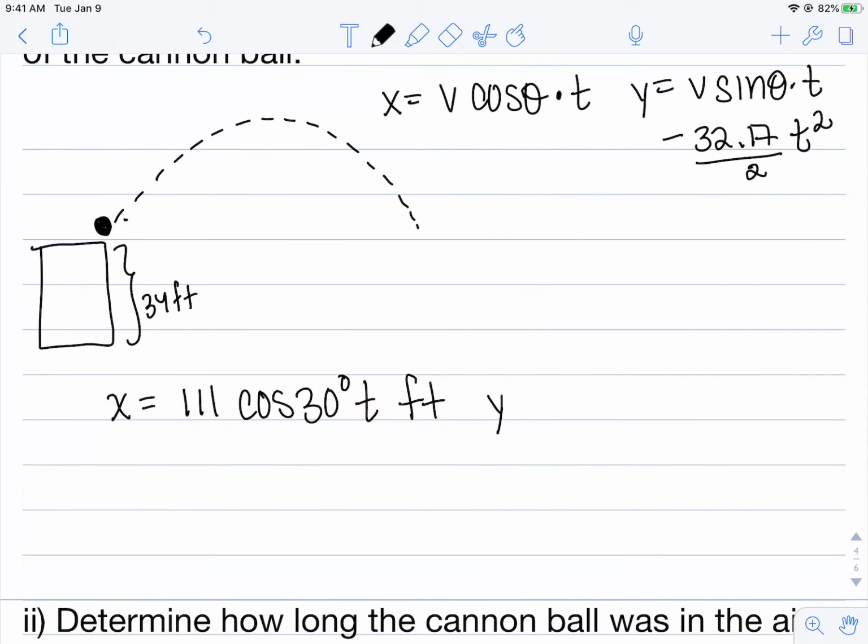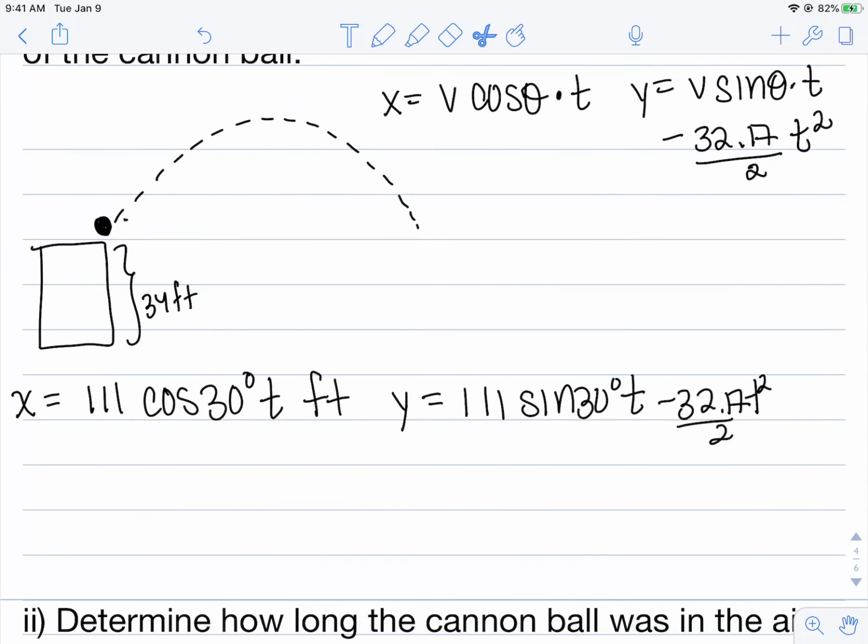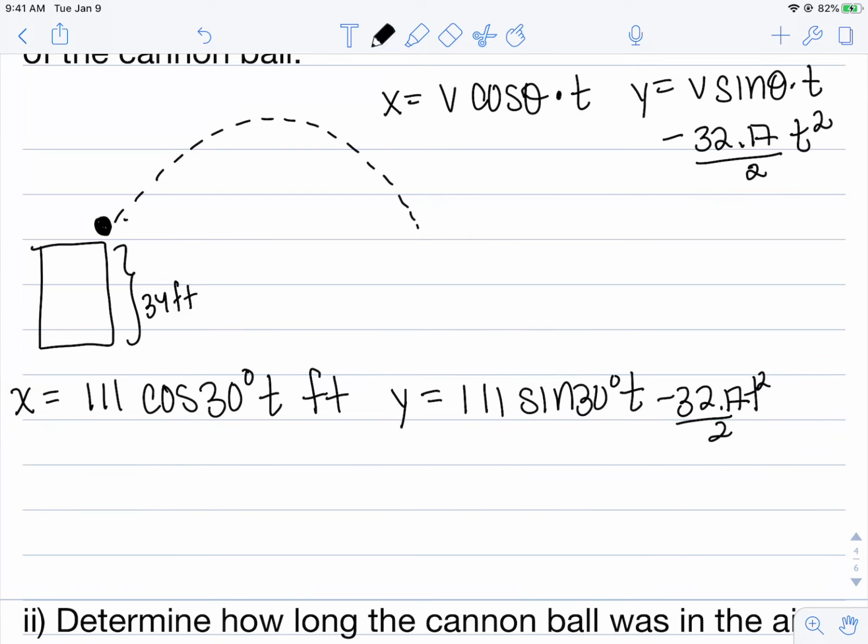And y is the same value, sine of 30 degrees t minus 32.172 t squared, and just add a plus 34 so that our equation is shifted up 34 units. Okay.